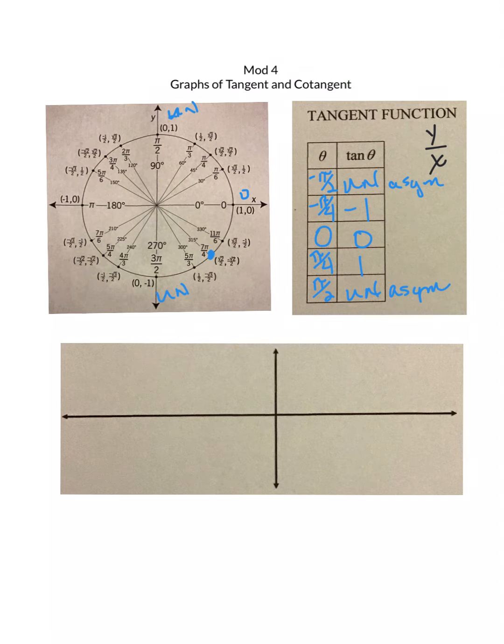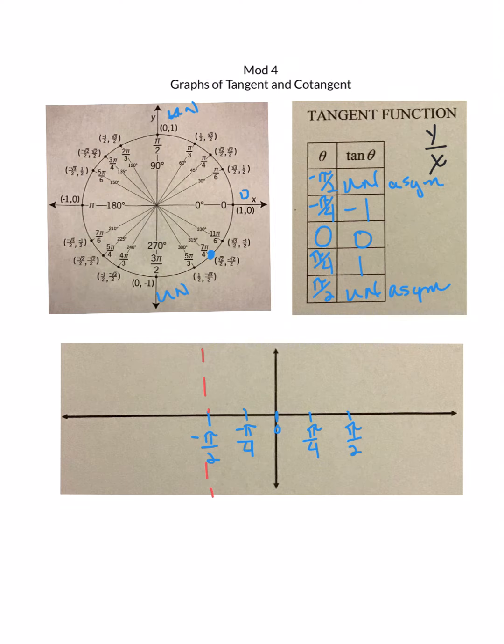So in setting this up, we have negative pi over 4, and we have negative pi over 2. Now remember, at negative pi over 2, that was an asymptote. We use 0, positive pi over 4, and positive pi over 2.